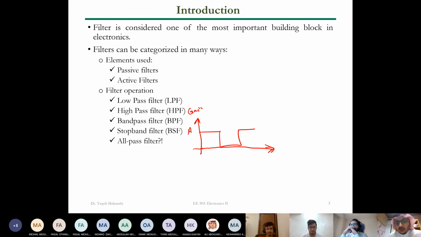We need all frequencies to go down to zero, and this is F1, this is F2. So you are rejecting all frequencies from F1 until F2. But if you have a filter that is only rejecting one single frequency, usually we call it a notch filter. So for a notch filter, it goes this way. It takes only one frequency out, then it goes again. So this is the notch filter.